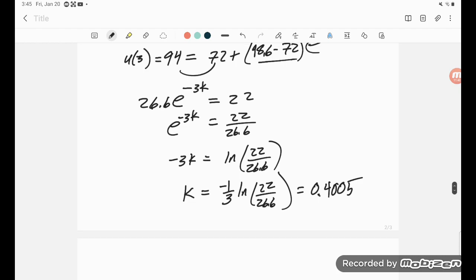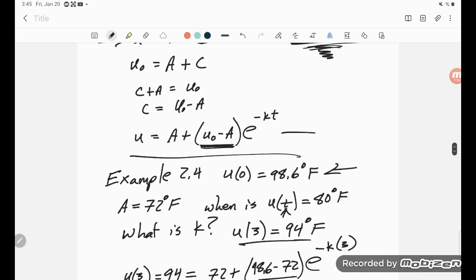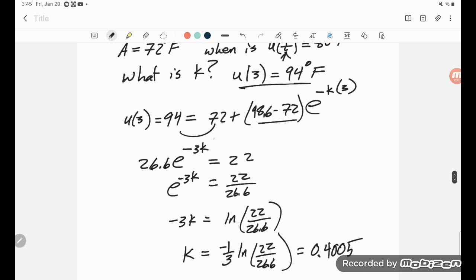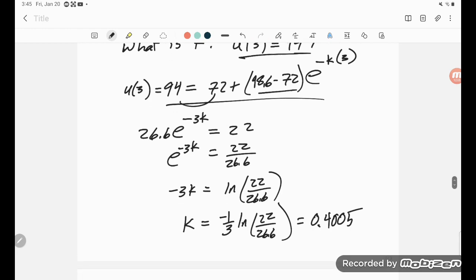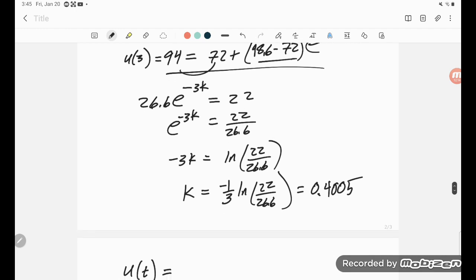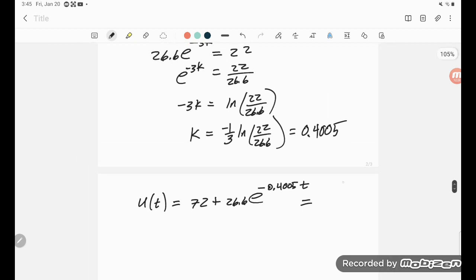So now I'm ready to solve for t, because I can go back here and use this, but now I know k. I want to find u of t equal to, what do we got there, 72 plus 26.6 e to the negative 0.4005 t, but that's equal to 80.